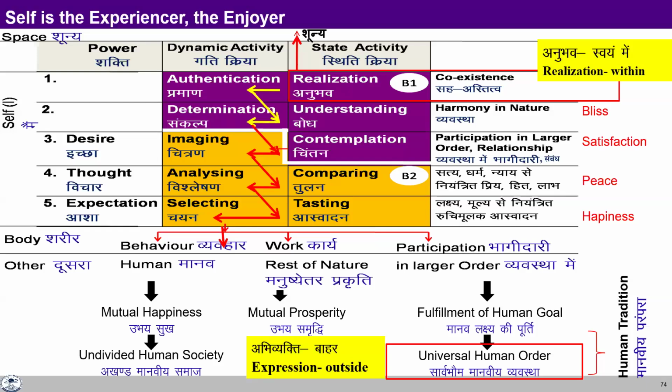But what we naturally accept is that with realization, understanding, and contemplation, I am able to taste happiness in continuity within. And that is only possible when we have the goal-based tasting in me. The goal-based tasting means that I am able to awaken to the higher level activities based on which I have the understanding of human goal, and that ensures tasting of happiness within all the time.